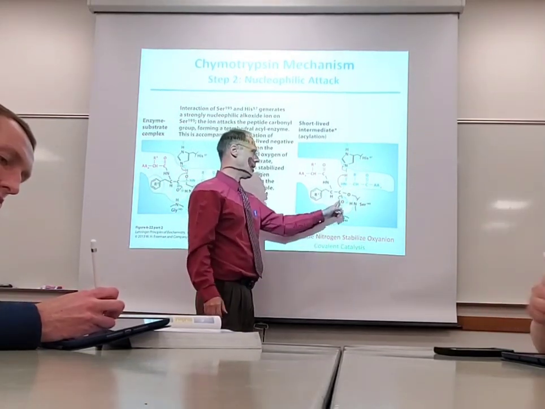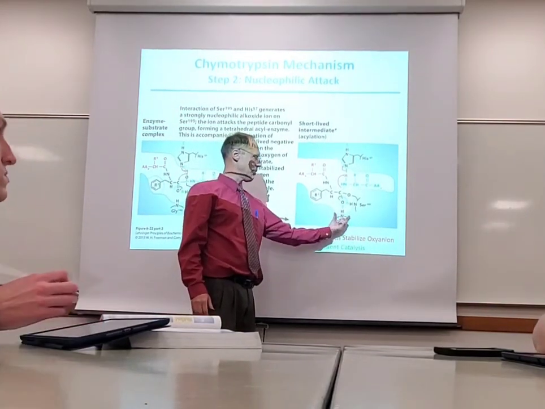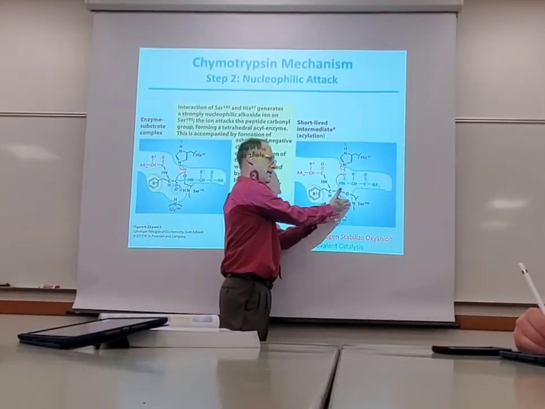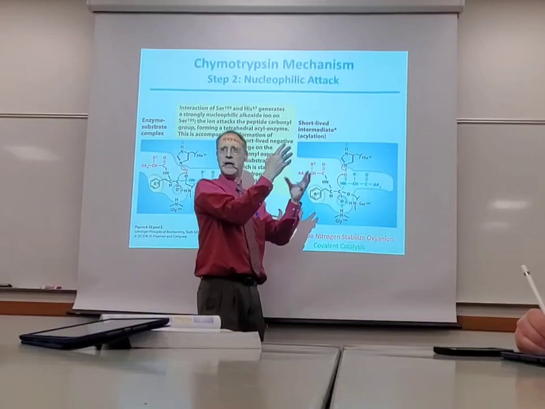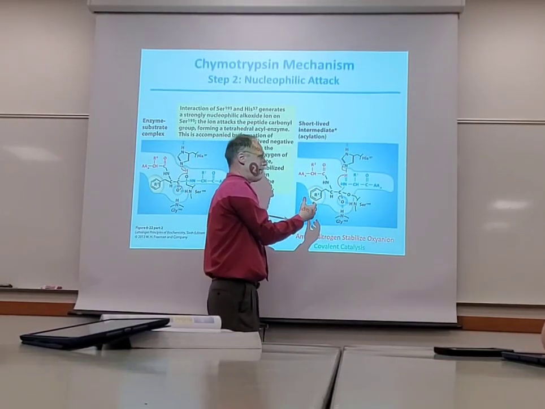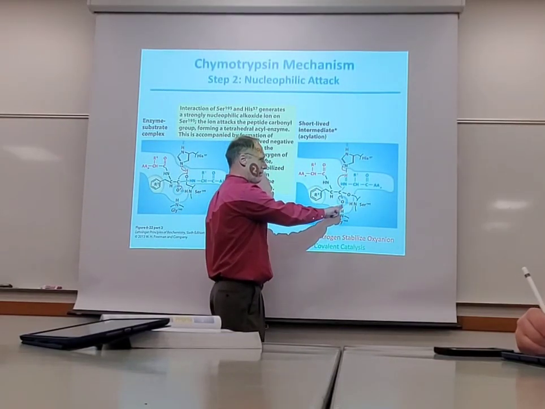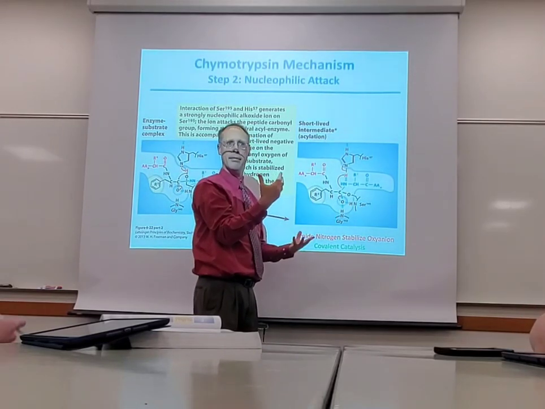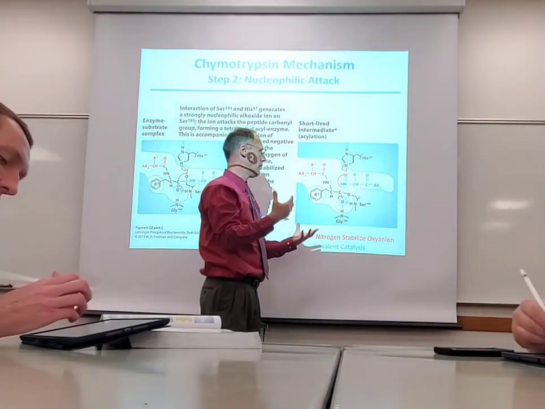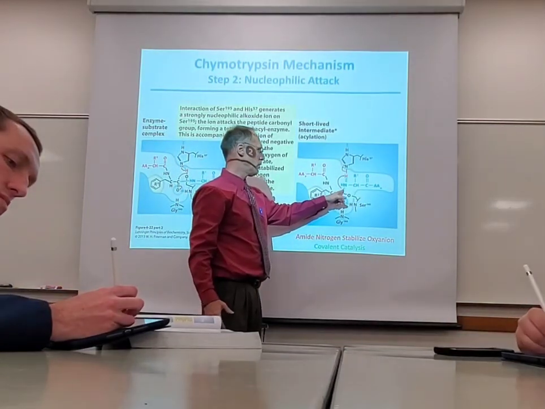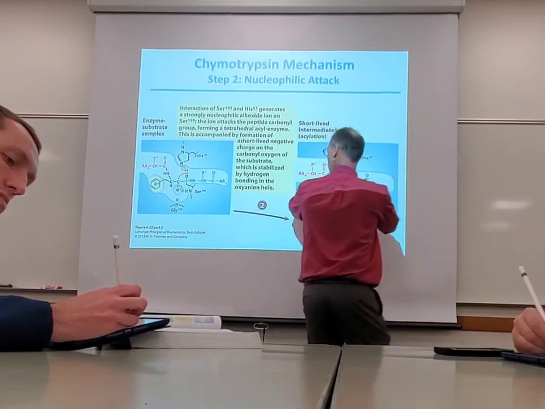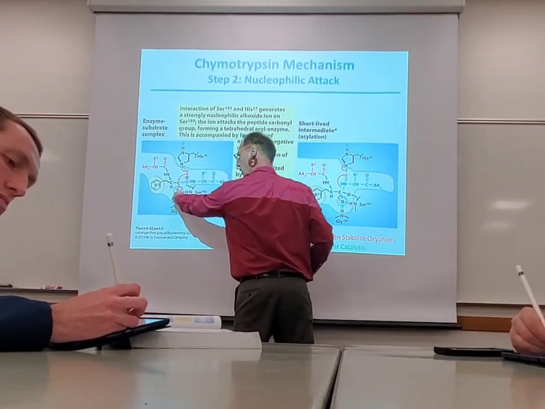No big deal. This is stabilized by this oxyanion hole, meaning the amines here are able to help stabilize that negative charge. But what happens if these go back to try to make the carbonyl again? Let's take a look at what happened: these electrons went down.